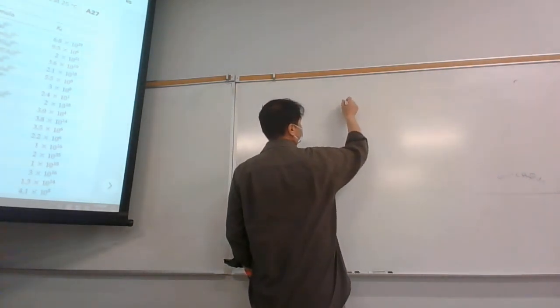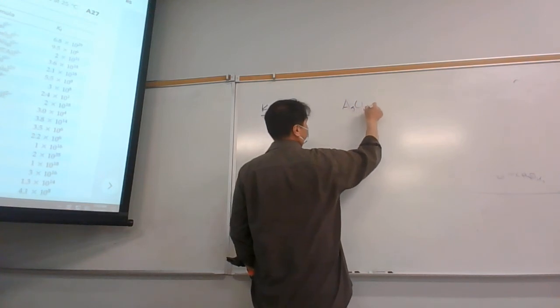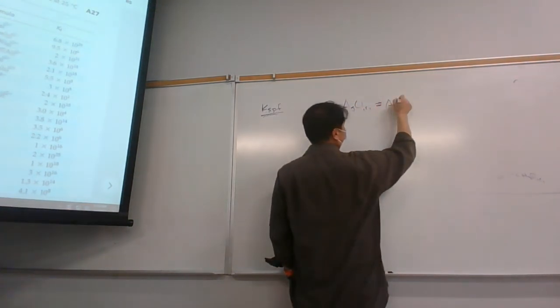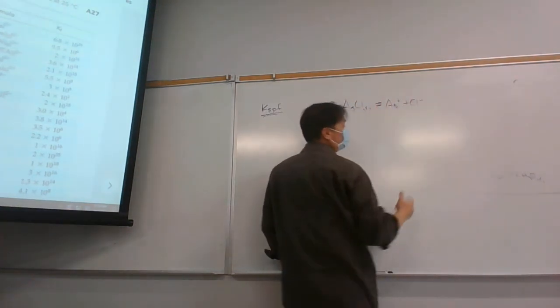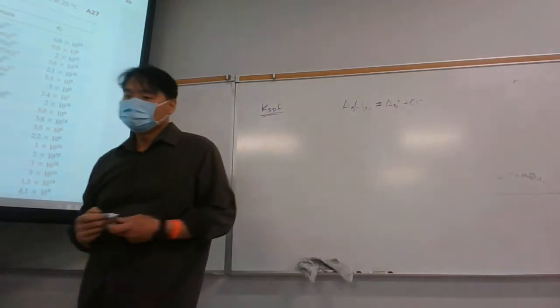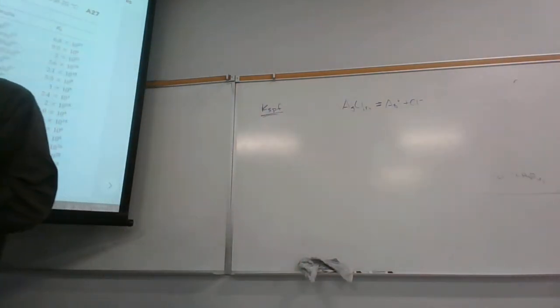So an example of that would be something like silver chloride. Solid goes to silver ion plus chloride ion. Okay, if we can remove silver ions or we can remove chloride ions, we can increase the solubility.